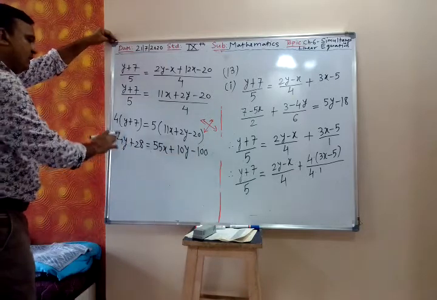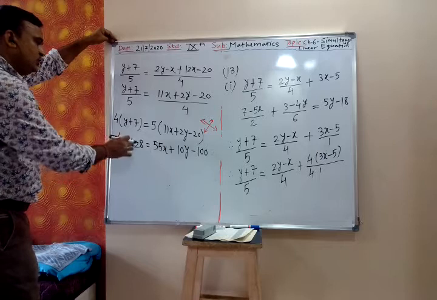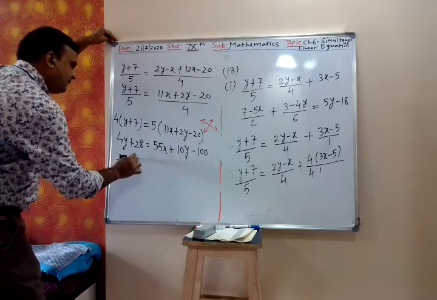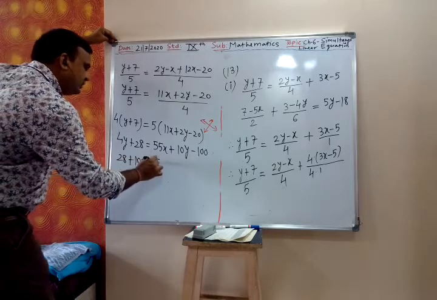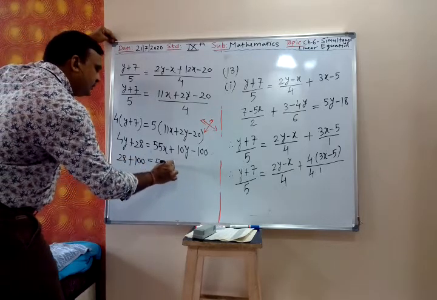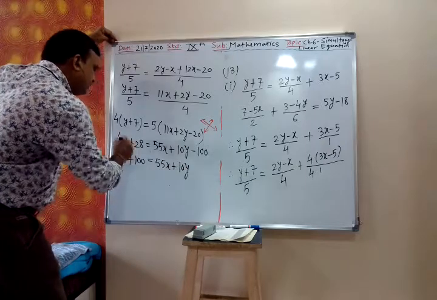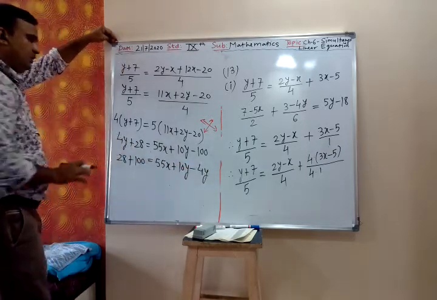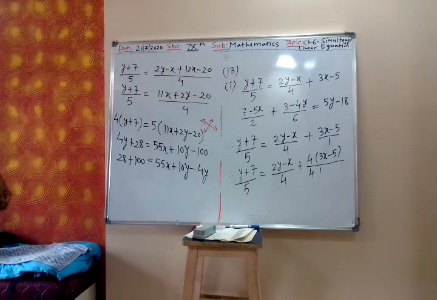I will take y on this side. So 28, 100 on this side, plus 100 is equal to 55x plus 10y minus 4y. Minus 4y.